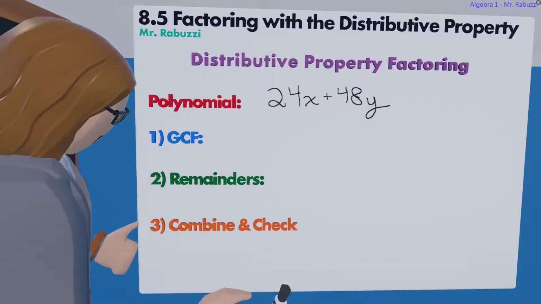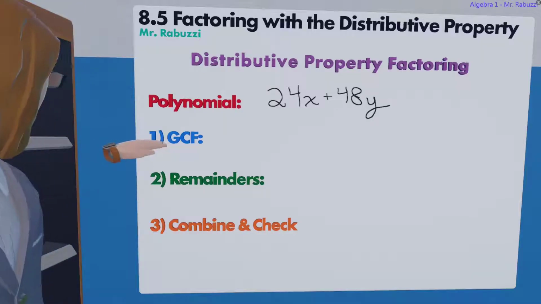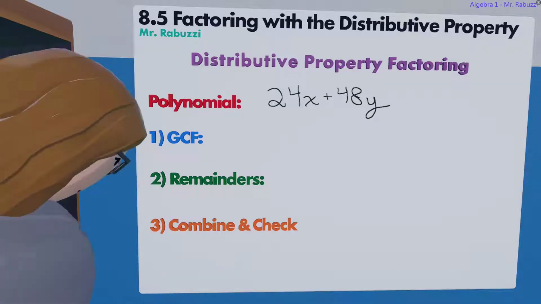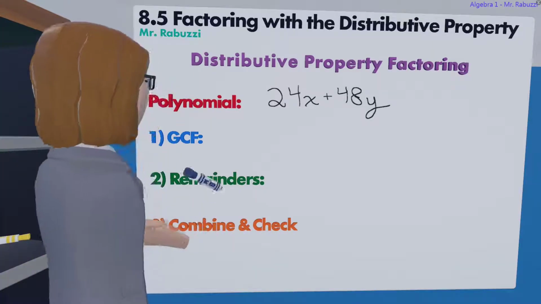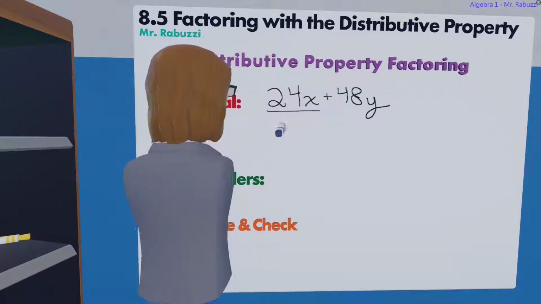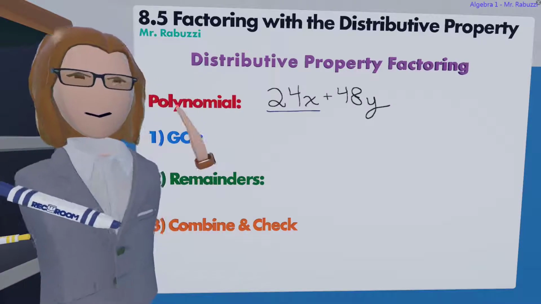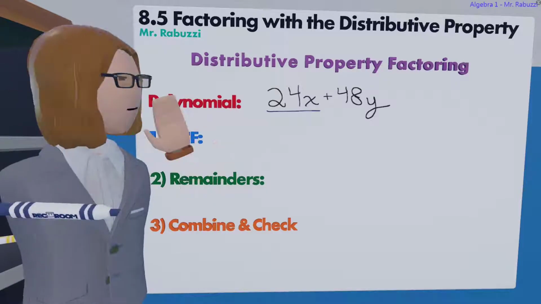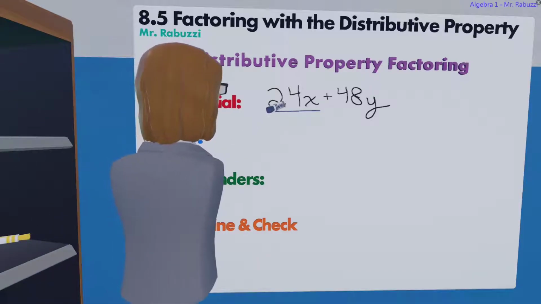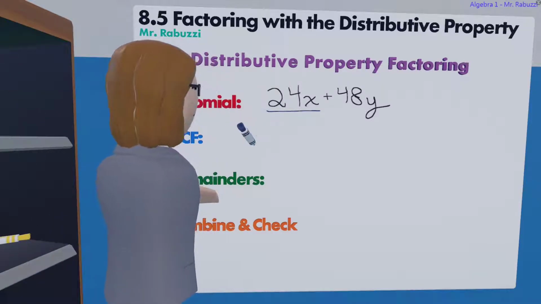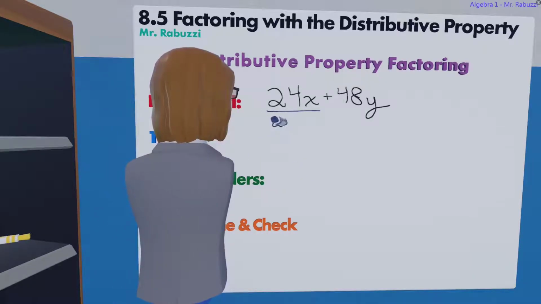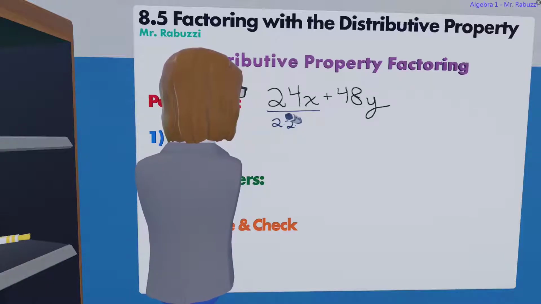All right. First things first, GCF, which means we need to factor 24x. You might need to do your factoring tree. Luckily, I remember that 24 is 2 times 12, and 12 is 2, 2, and 3.